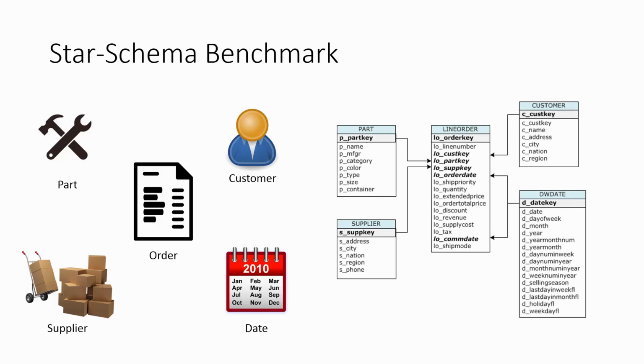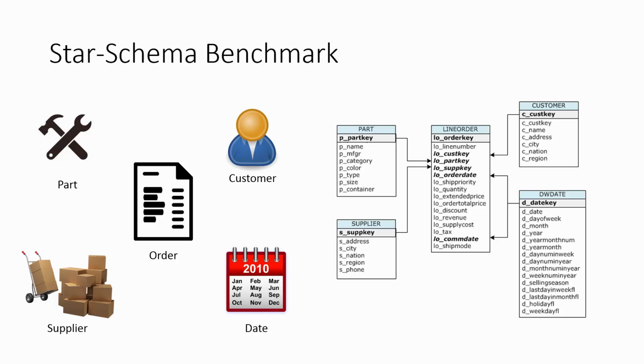If you look at the schema, the central table is a line order which connects customers to parts, to suppliers, and to dates. So if you wanted all of the information about a particular order, you would actually have to look up a customer or part or supplier from their respective tables. Now the design of this particular schema looks like a star.